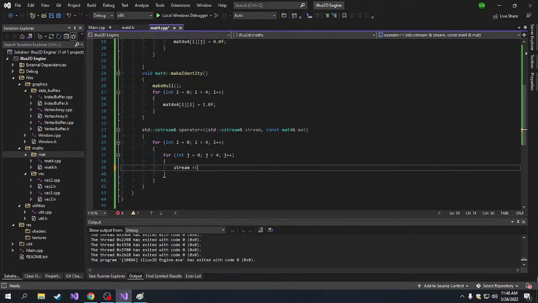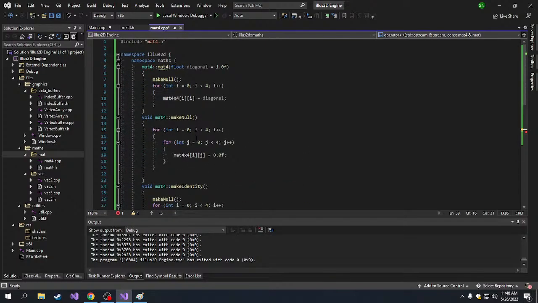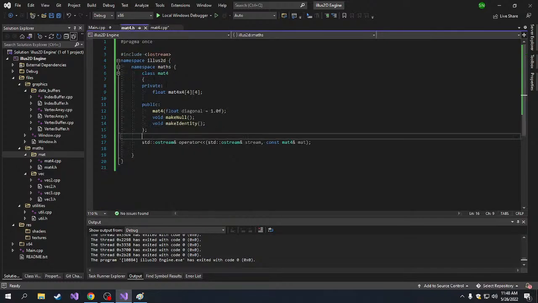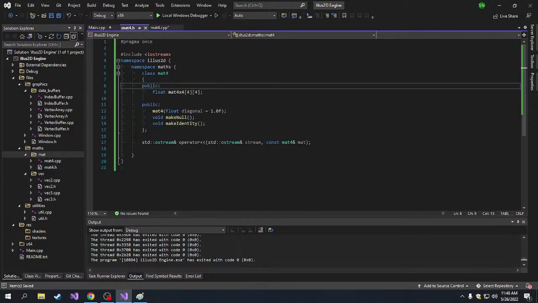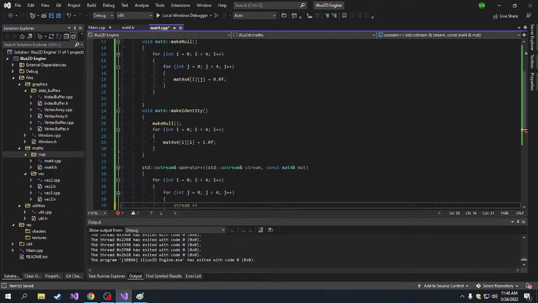I'll just stream out the mat. Of course, we can't access the data inside the mat. We'll probably just make it public for now. I'll change it later, guys, don't worry.